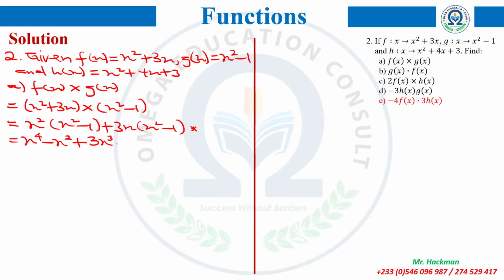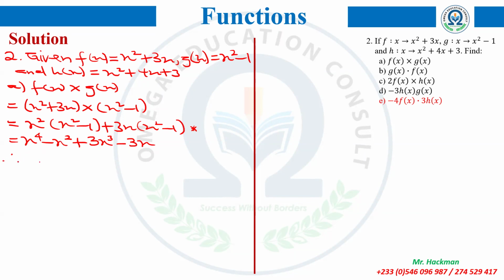Then 3x times minus 1 will give you minus 3x. So now you've expanded. You check if there are any like terms to combine. Do you have any like terms to combine? No, please. No.